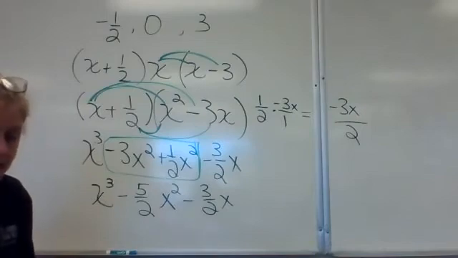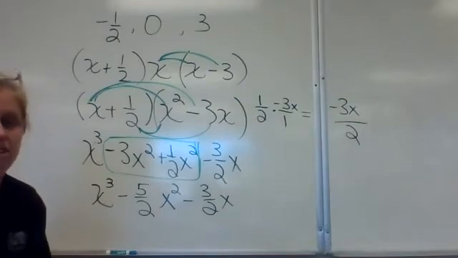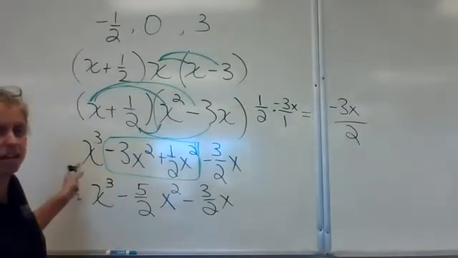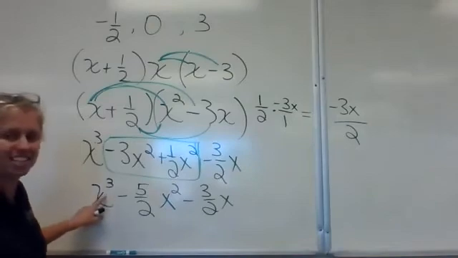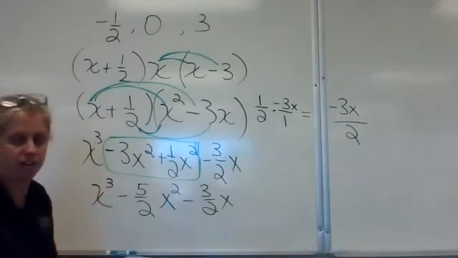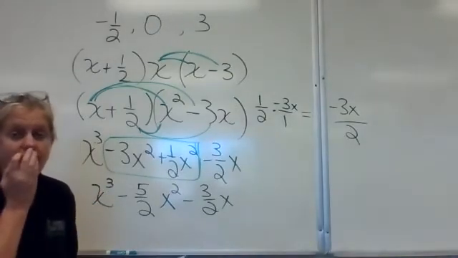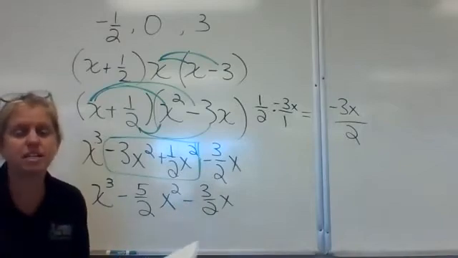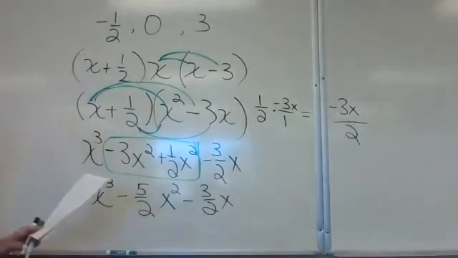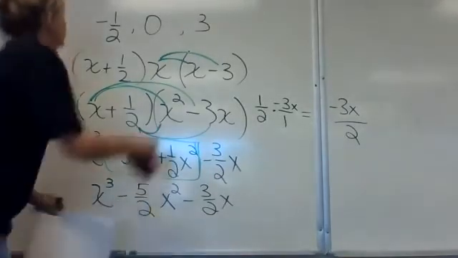This one says, find the polynomial function of degree 6, which means we're going to multiply so much stuff together that we're going to end up with x to the 6th power right here. We actually have the same number of zeros, but this time their multiplicities are different. So let's look at number 5.